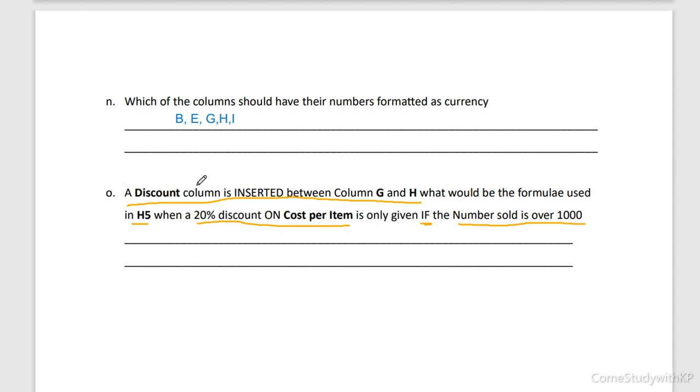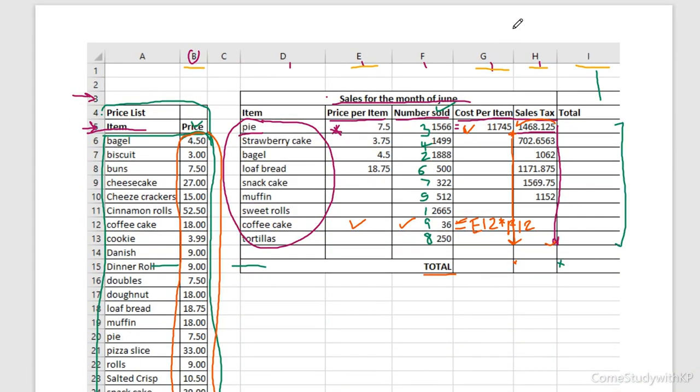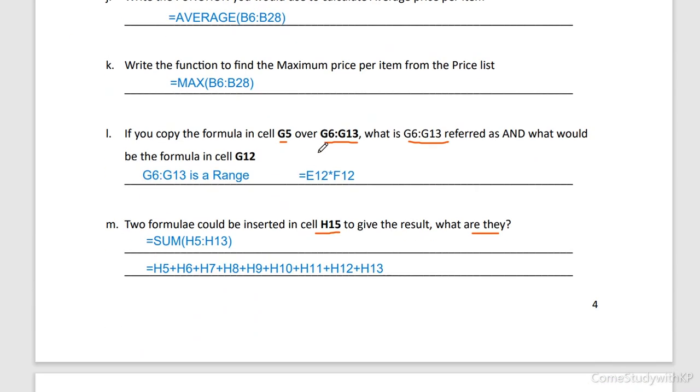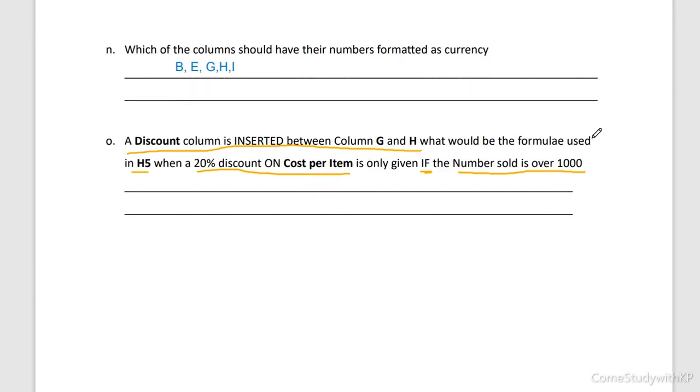So we're going to first insert a column between G and H. So if we were to insert a column here between G and H, right? So that column would now turn into H. Realize that H would be pushed over and the new column would be H. H will turn into I and I turn into J, right? When we insert the column. So what would be the formula used in H5?